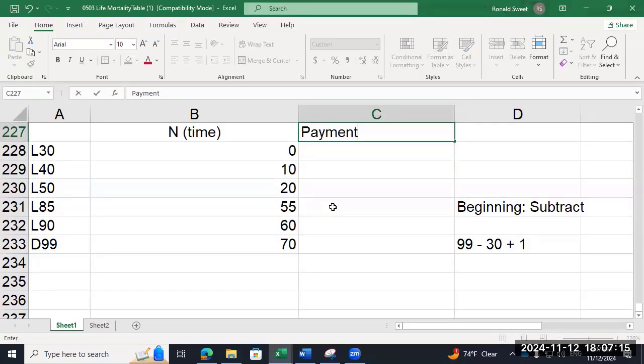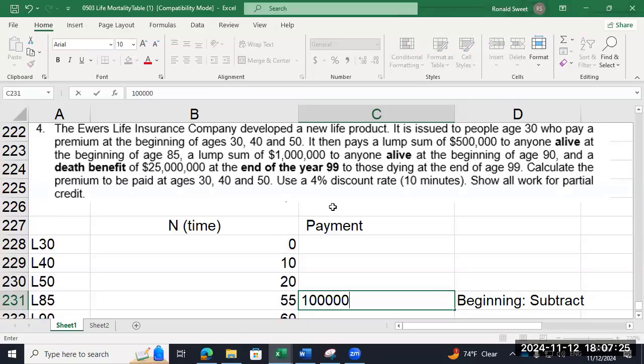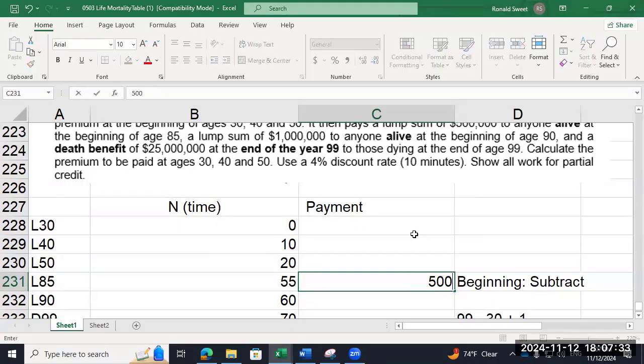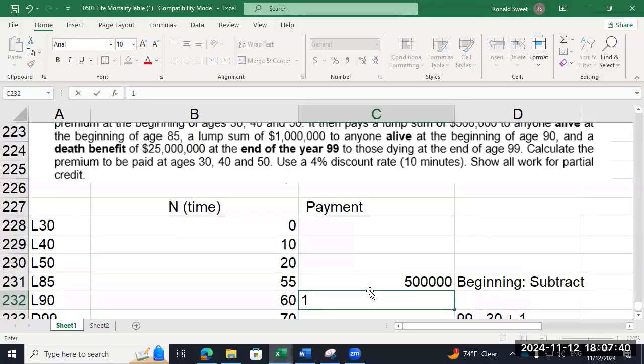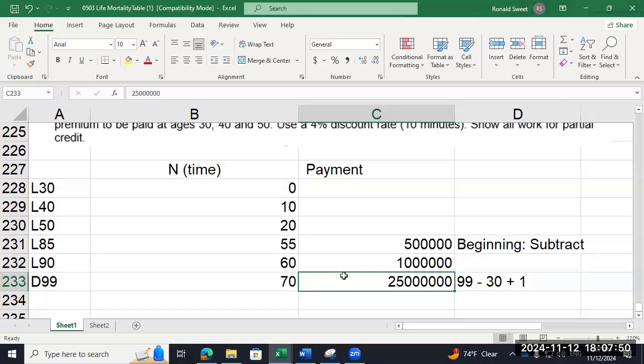What's the payment going to be? So at age 85, it pays $500,000 to anyone alive at 85, $1 million to anyone alive at age 90, and it pays 25 million to anyone who dies at the end.